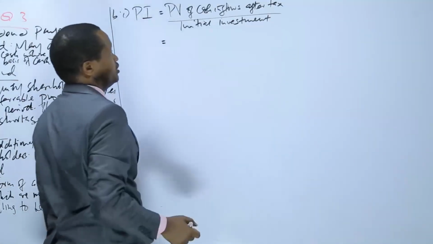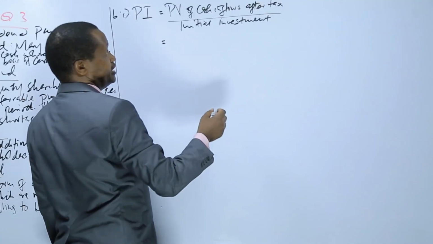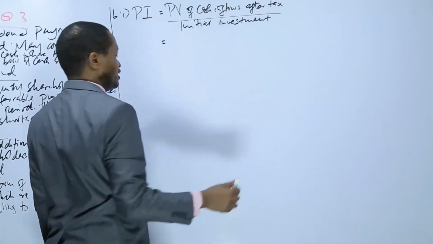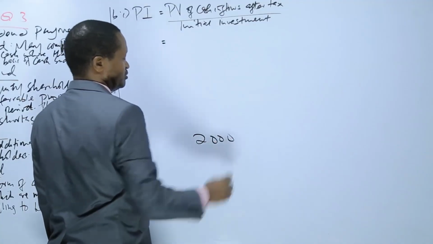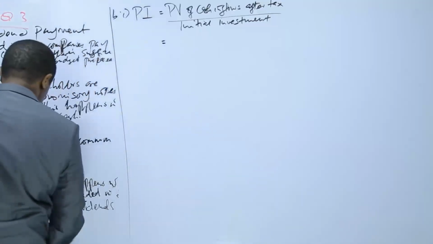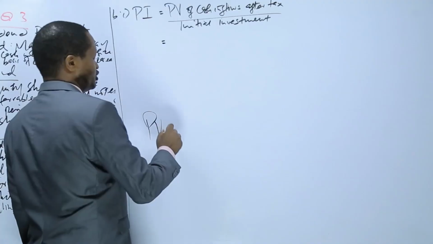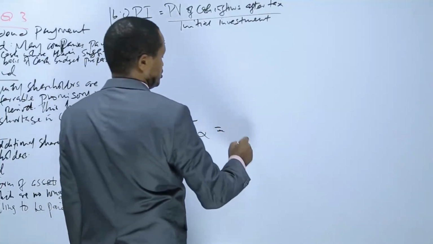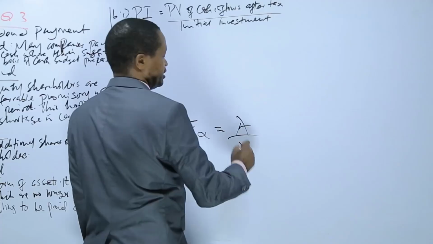The formula for the present value of cash flows generated in perpetuity is simply the cash flow divided by the rate. The cash flow here is 2,000. For the purpose of revision, the present value of cash inflows in perpetuity is equal to the annuity divided by the rate.